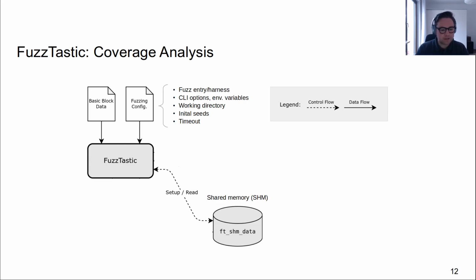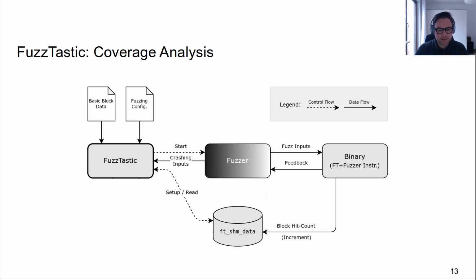Once this has been passed to the FuzzTastic tool, the first step is to set up a shared memory segment where the coverage information is stored. In a second step, FuzzTastic then starts the fuzzer. Again, we can monitor black box, gray box, and white box fuzzers, and then the fuzzer is just doing its job.